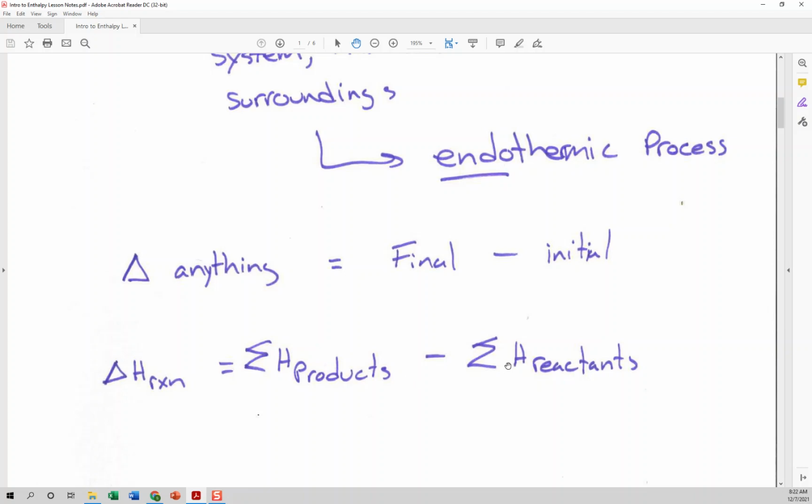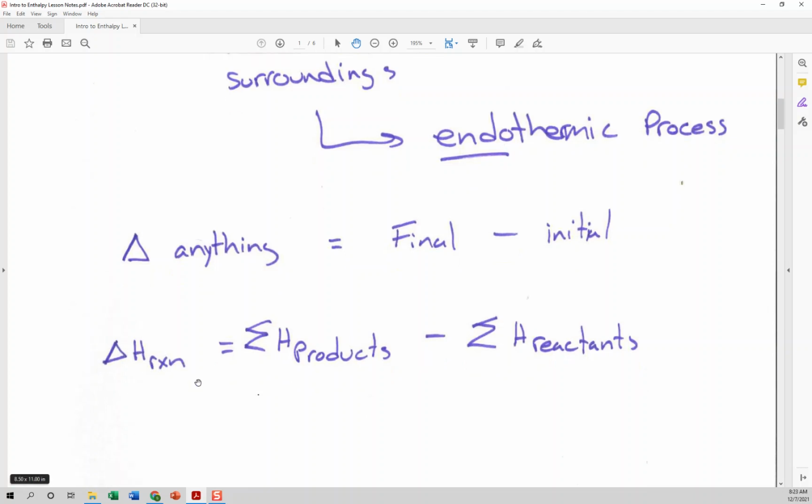So products minus reactants is final minus initial. The sigma symbol in math means the sum, so you take the total enthalpy of the products minus the total enthalpy of the reactants. That would give you the delta H of an overall reaction.